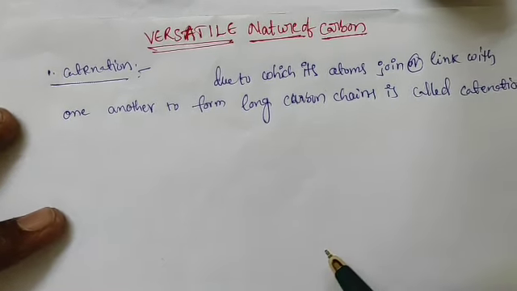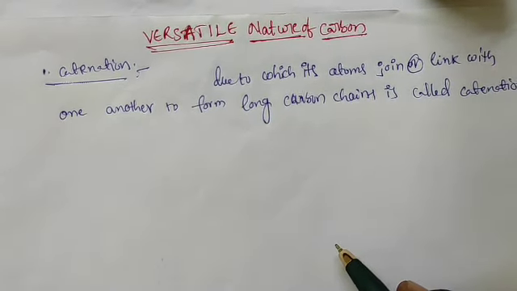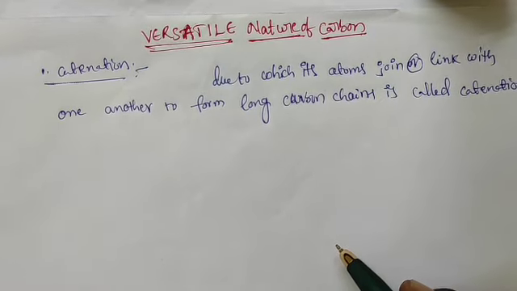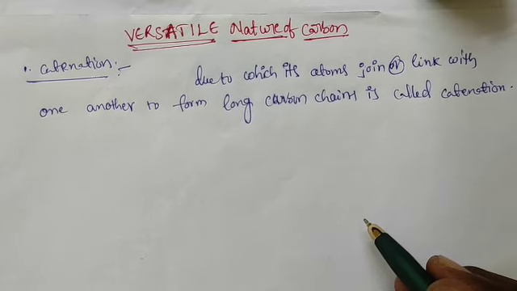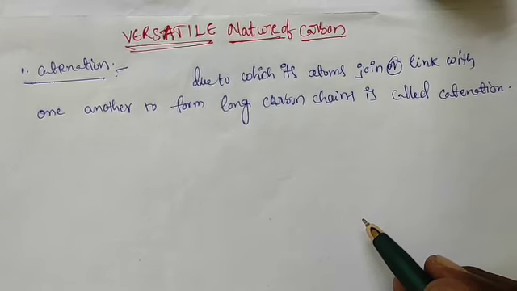So this is the catenation property. Another way of definition: self linkage of carbon atoms is known as catenation.